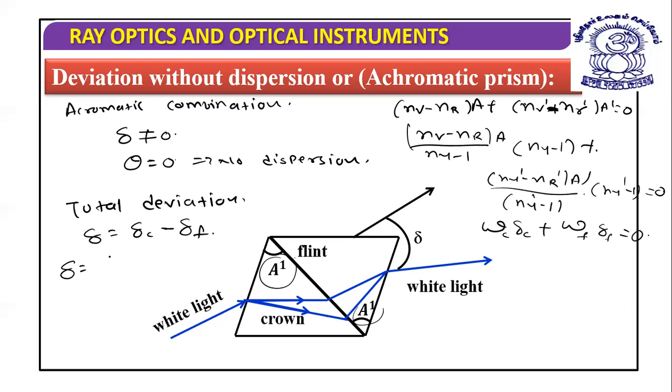So it can be written as (Ny minus 1) into A minus (Ny dash minus 1) into A dash. So delta can be written as theta c upon omega c minus theta f upon omega f, because delta can be written as theta by omega.